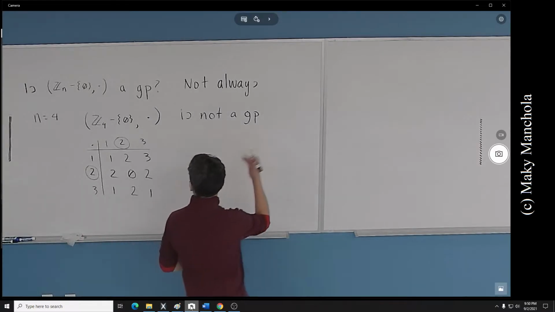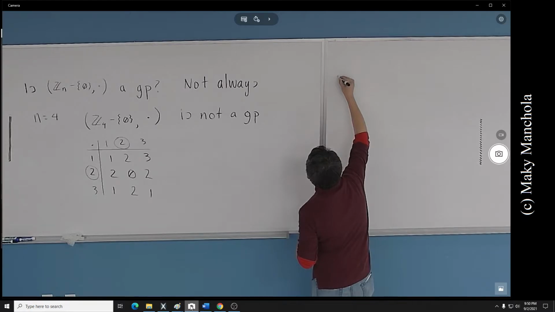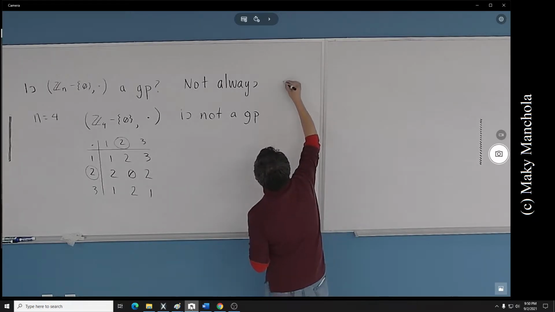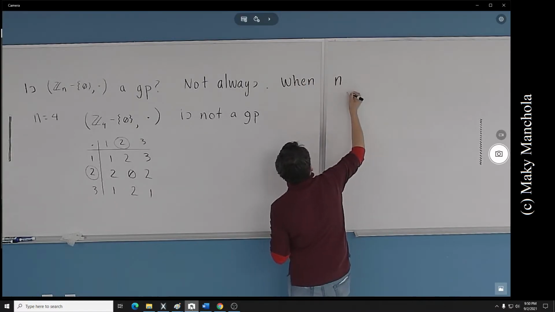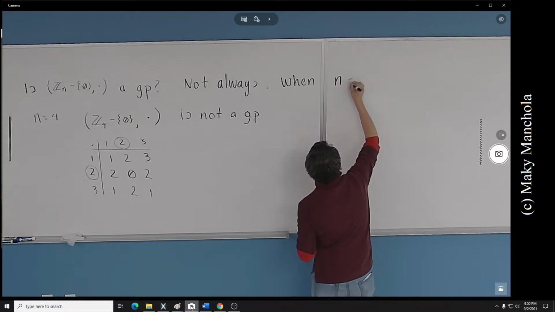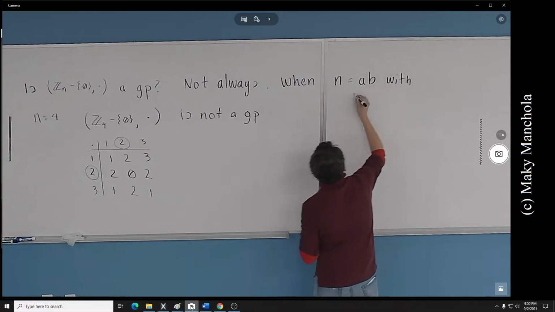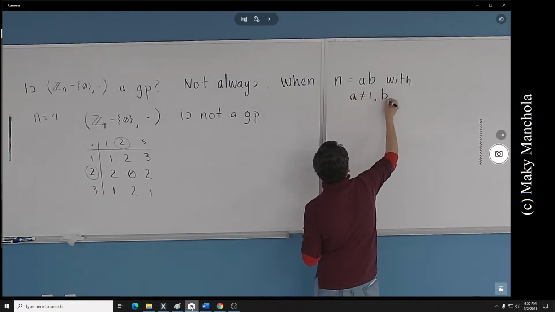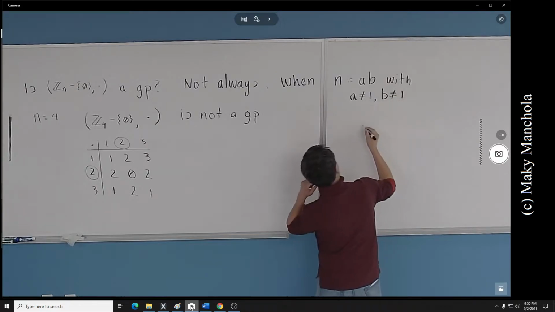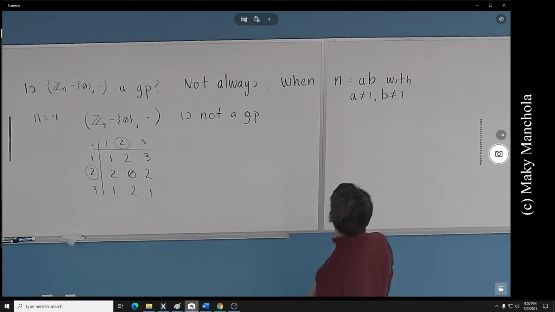So let's examine that. When n equals AB with A not equal to 1, B not equal to 1, you will never be able to have a group.